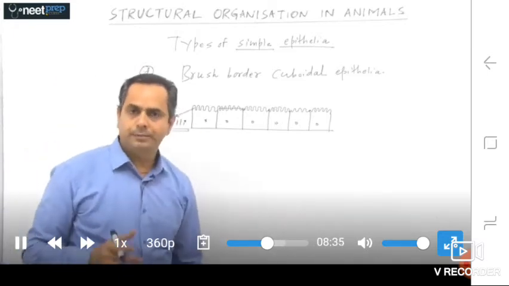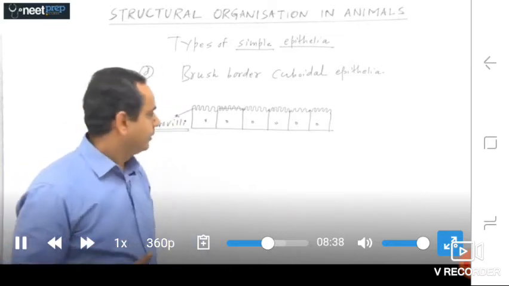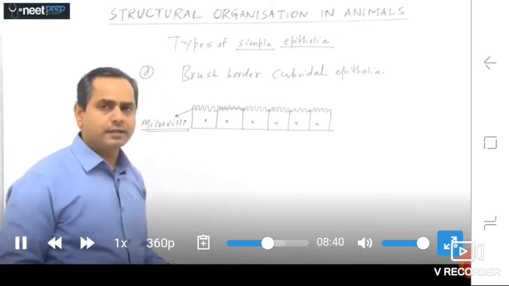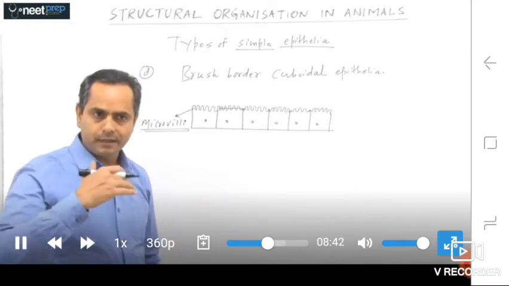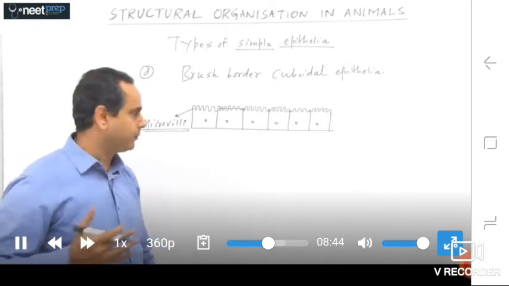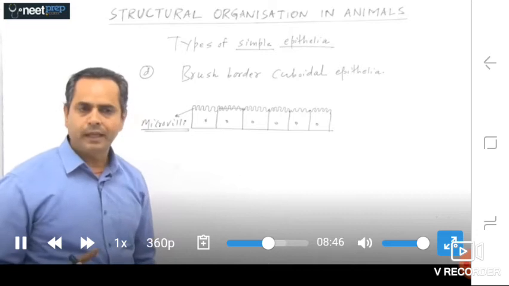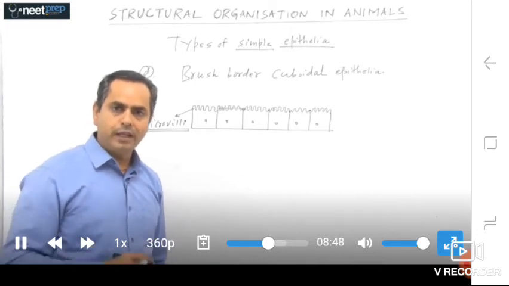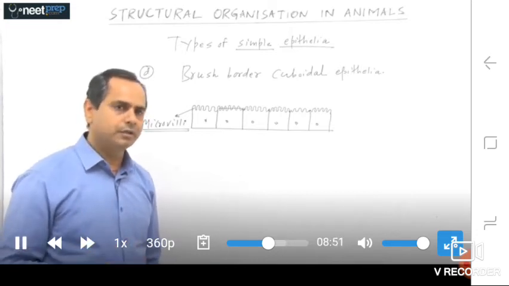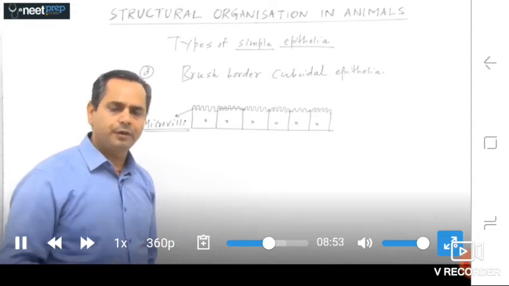And because of the presence of microvilli, it increases the surface area. Free surface area is maximum with the presence of microvilli, and that is required in those areas of the body where we can talk about absorption or reabsorption.